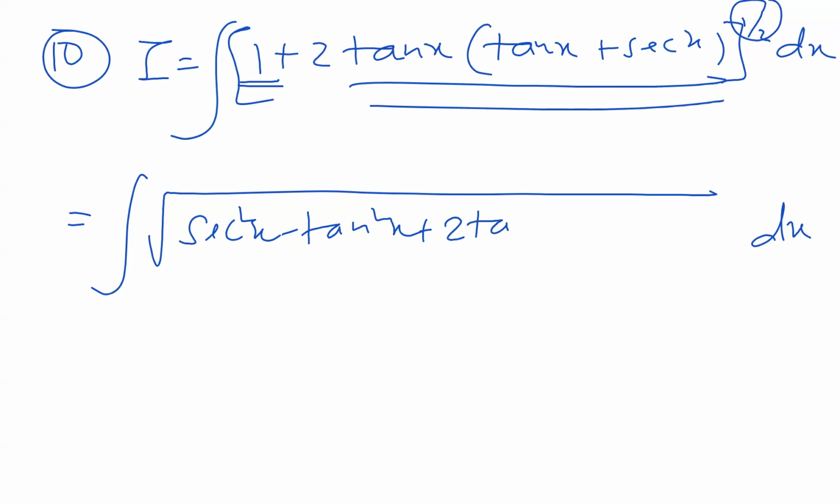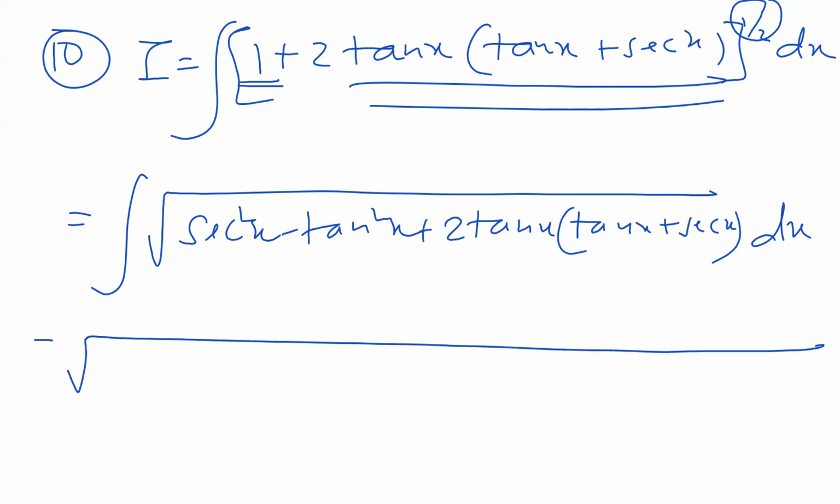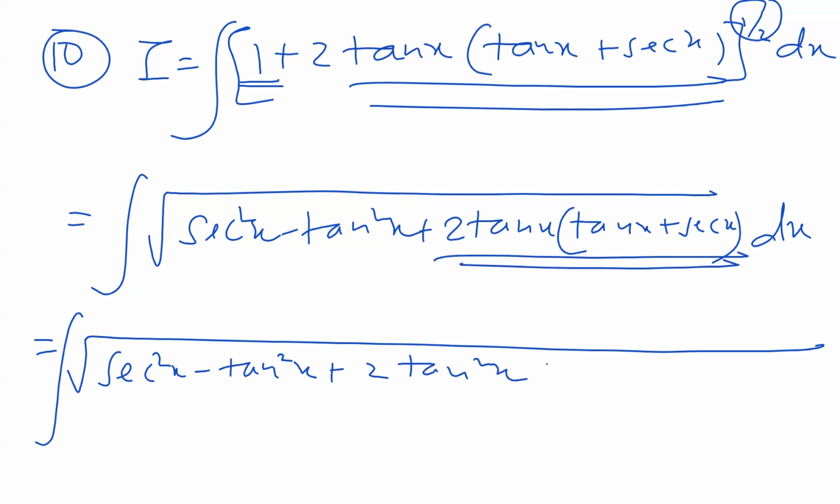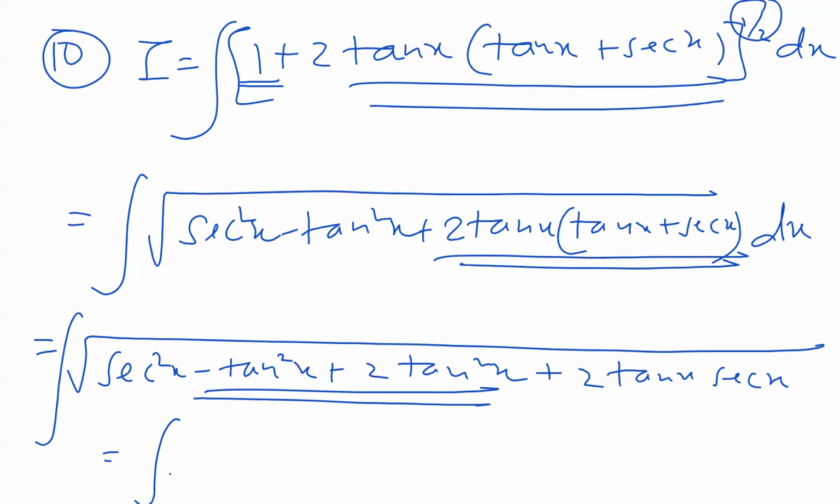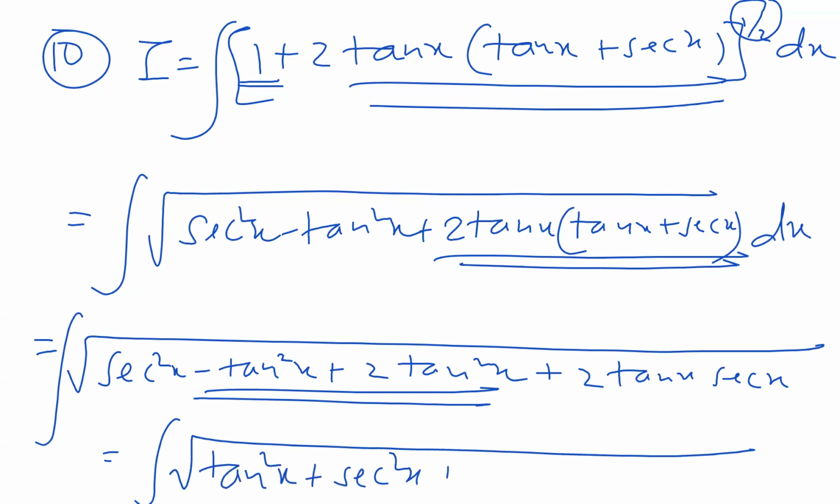plus 2 tan x plus sec x. So this is sec square x minus tan square x plus 2 tan square x. I'll just multiply this, plus 2 tan x into sec x. Now 2 tan square x minus tan square x is tan square x, plus sec square x plus 2 tan x sec x.